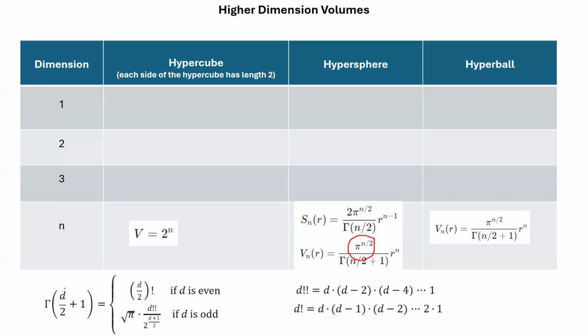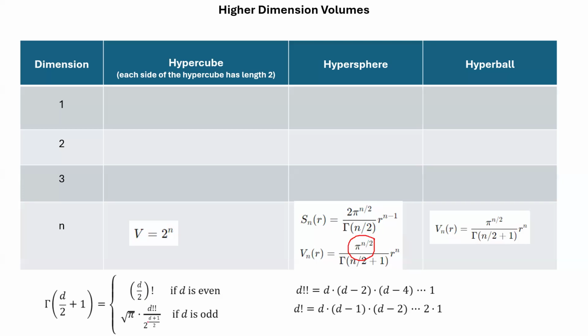Let's suppose you are given d is equal to 2. It becomes 2 by 2 factorial, which is 1 factorial, which is 1. What is the double factorial of 2?